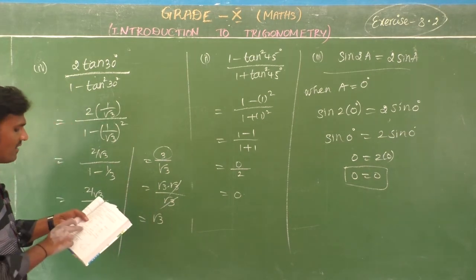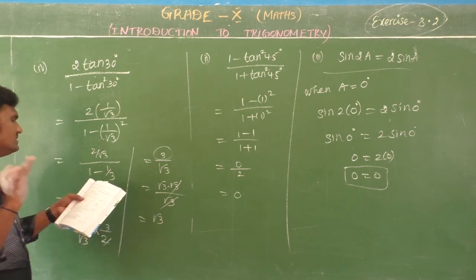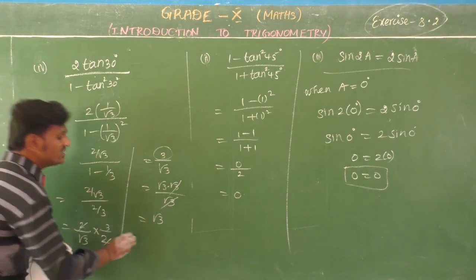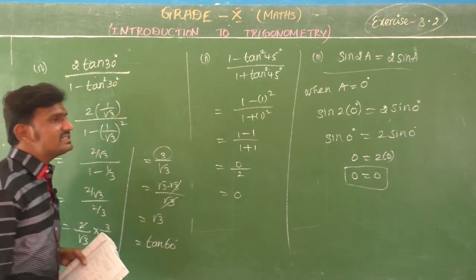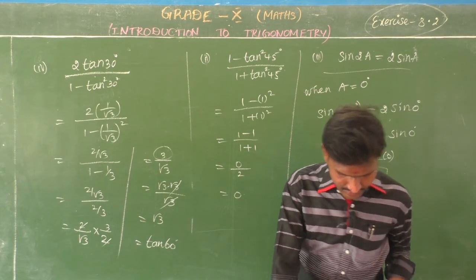But you have 4 options. The 4 options given are cos 60, sin 60, tan 60, sin 30. From the 4 options, the correct answer is tan 60. Why? Because tan 60 is equal to root 3.